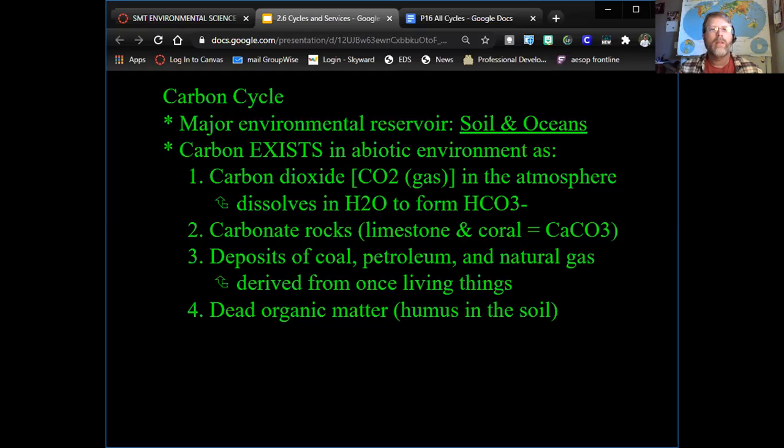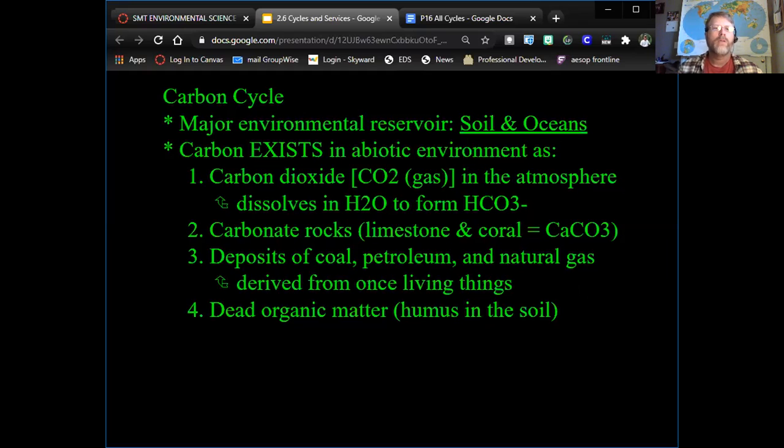Okay, and then the other big place carbon can be found in the soil is with fossil fuels, such as coal, petroleum, and natural gas. Okay, these are all derived from once living things millions of years ago, often in the Carboniferous period.